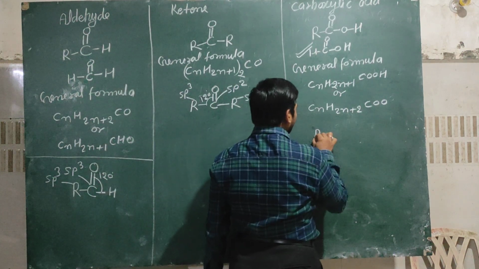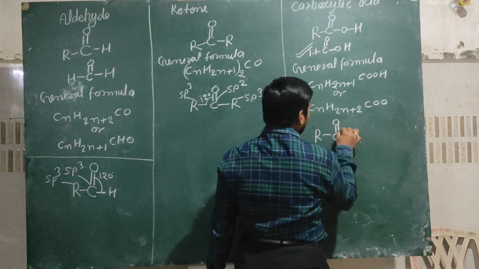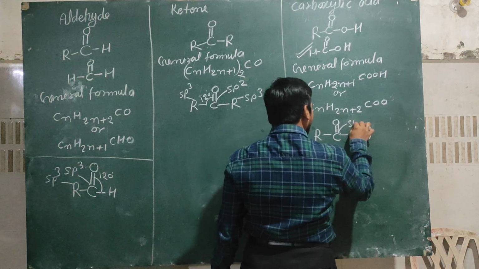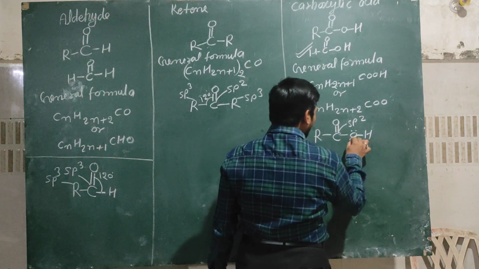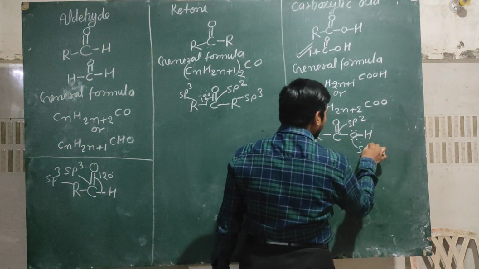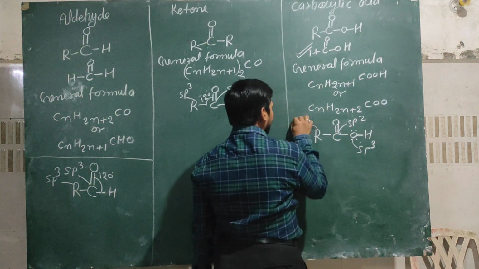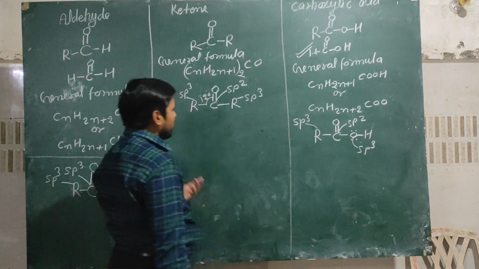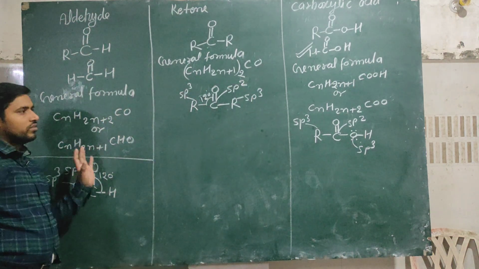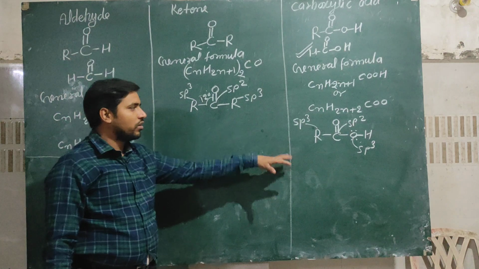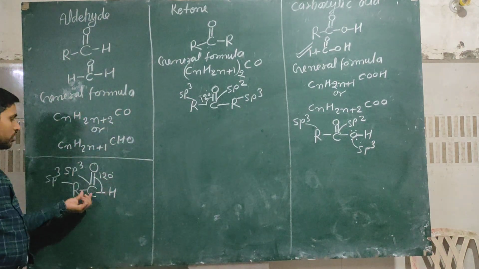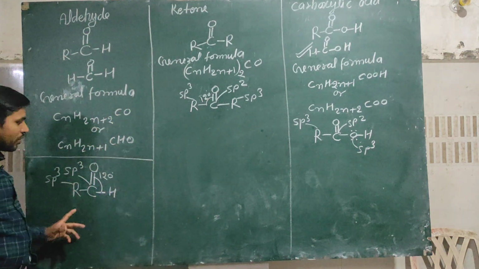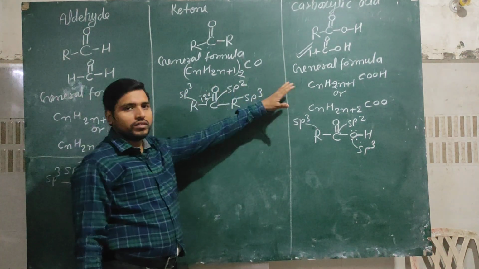But in case of carboxylic acid, here sp2 and this oxygen contains sp3 and this contains sp3 hybridization. Okay, this is the similarities in between aldehyde, ketone and carboxylic acid, that all the carbonyl group contains sp2 hybridization. सभी कार्बोनिल ग्रुप के पास sp2 hybridization पाया जाता है.